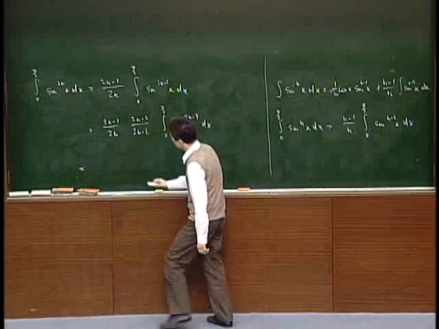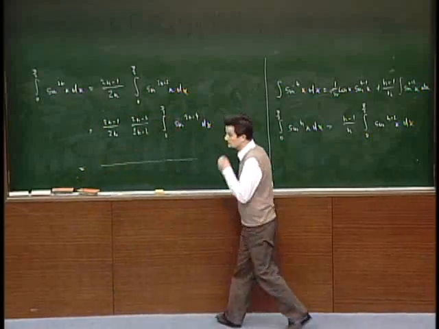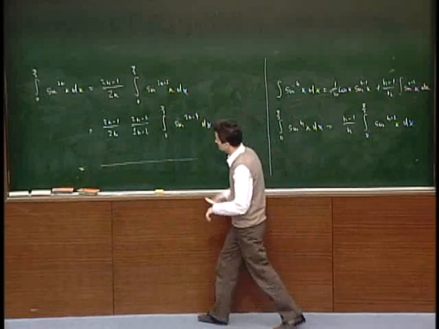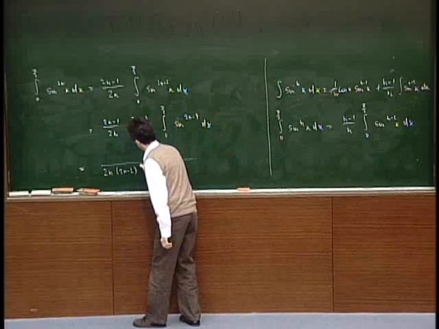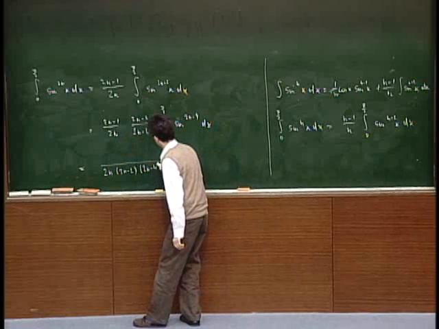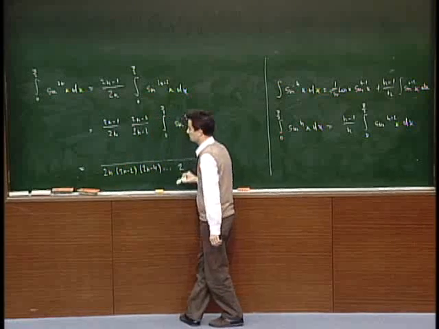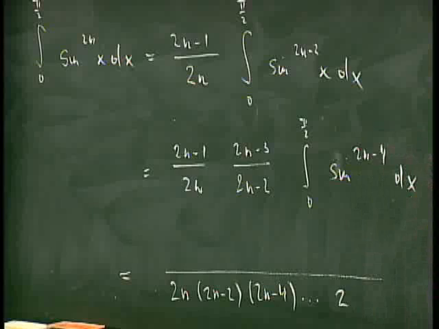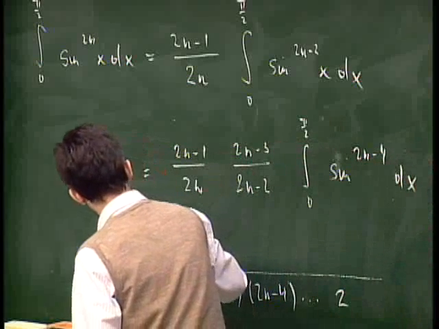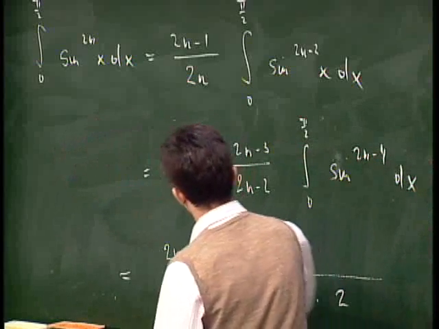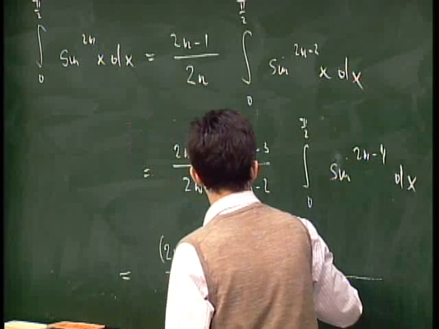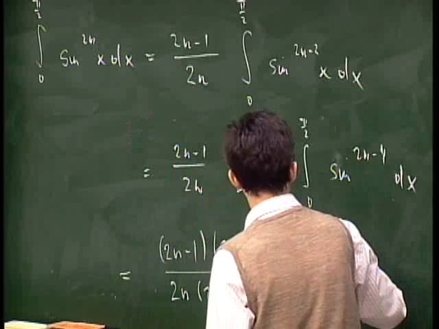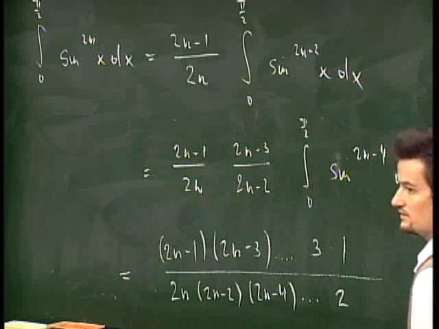In the denominator you will get many numbers: you start with 2n, the next one is 2n minus 2, the next one will be 2n minus 4, and you go on like this. The last one will be 2. And in the numerator what you have is 2n minus 1, then the next one is 2n minus 3, and you go on like this, then you have 3, and the last one here will be 1.